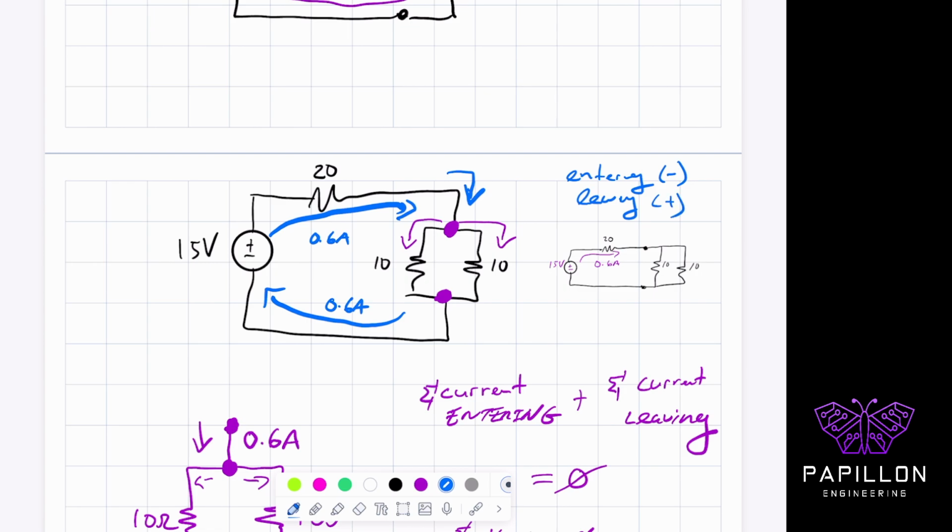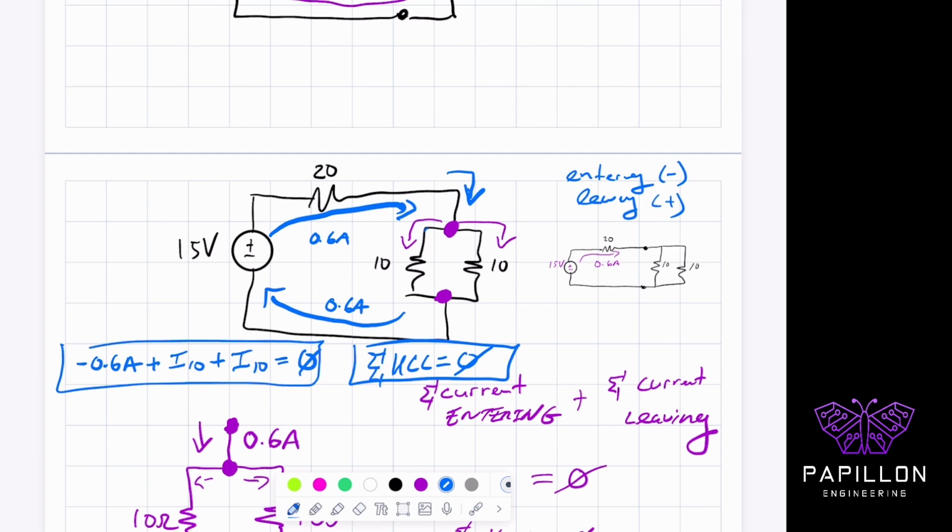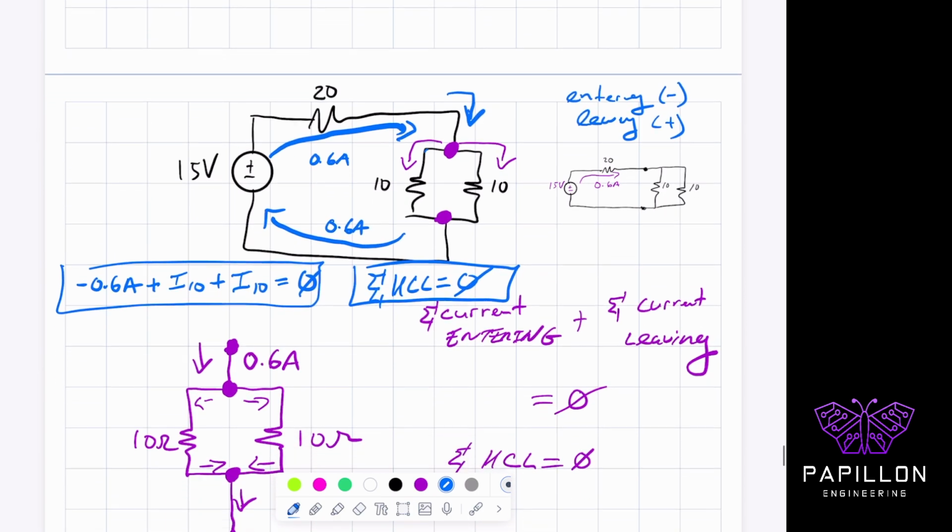So I can say that I have a minus 0.6 amps entering this top node, plus the current of the 10 ohms going down the left branch, plus the current of the right branch, 10 ohms, must equal 0. And that's called KCL. Another form of it. So this is what KCL is trying to say. Okay, so let's see if it's true.